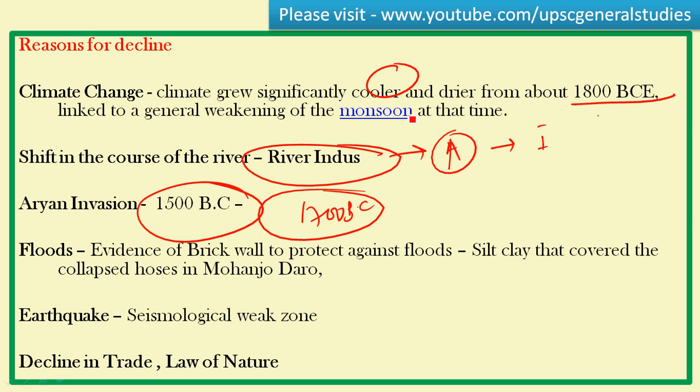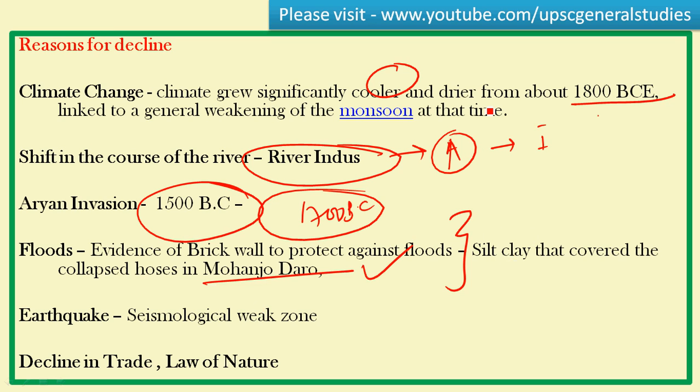Another theory is floods. The evidence of brick walls to protect against flood was witnessed in the Harappan sites. Another important evidence is that silt clay covered the collapsed houses in Mohenjo-daro, which shows that the city was prone to floods.